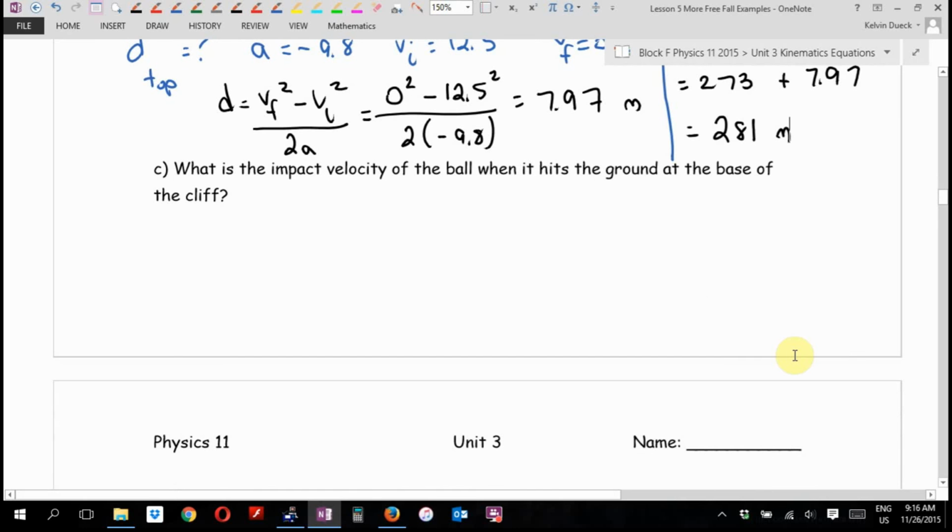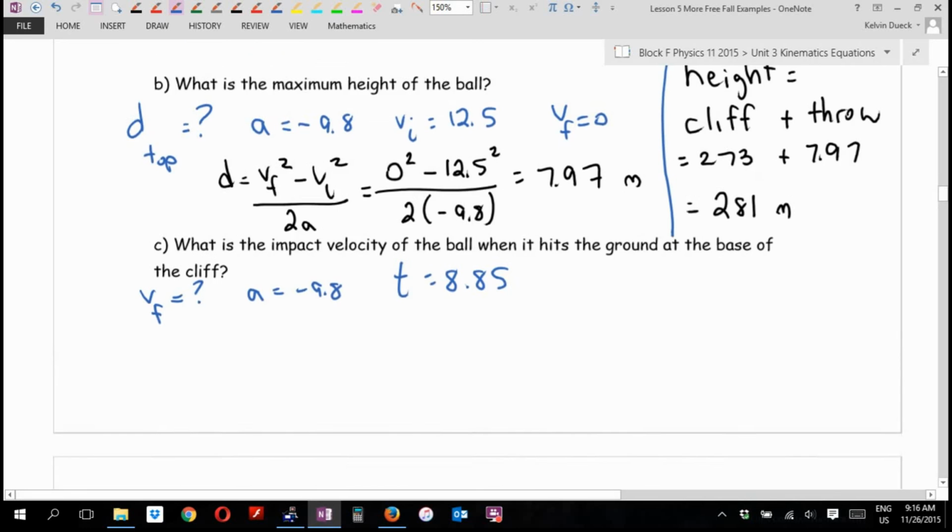What's C asking me to find? VF? Okay. I know A is negative 9.8. What else do I know? T is, what was T? 8.85, was it?